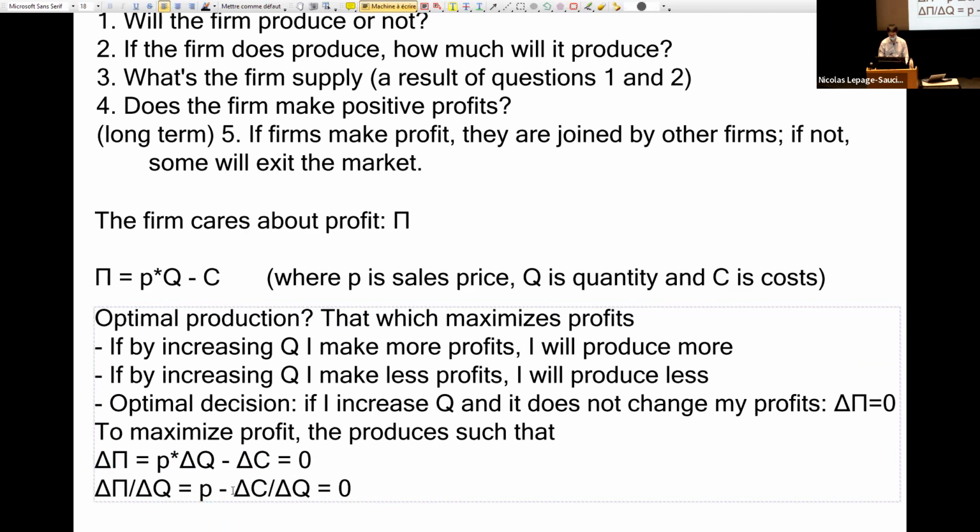Somebody remembers what is delta C divided by delta Q? How much the cost increases as a result of the increasing quantity? Yeah, awesome. So delta C divided by delta Q is the marginal cost.